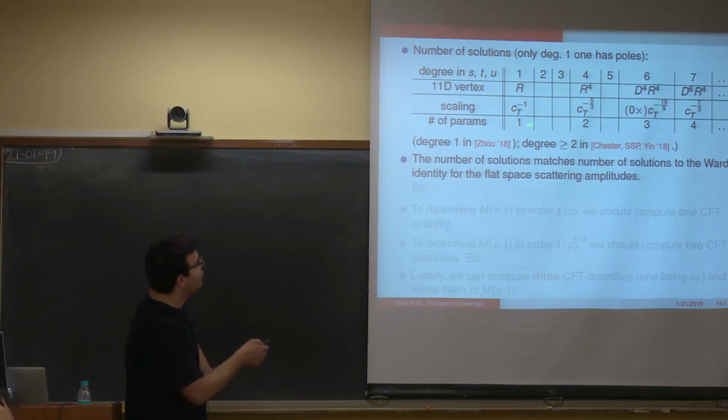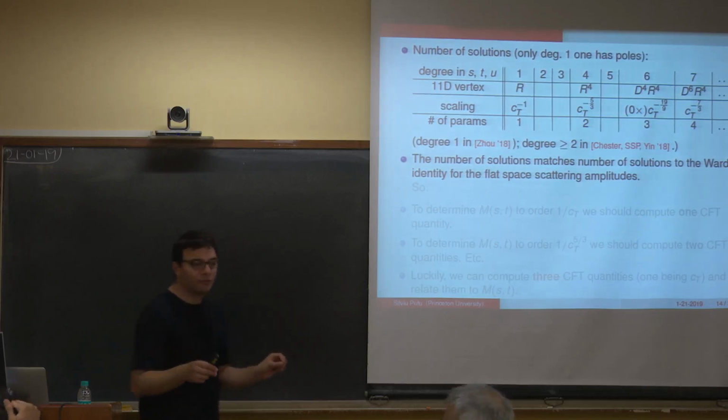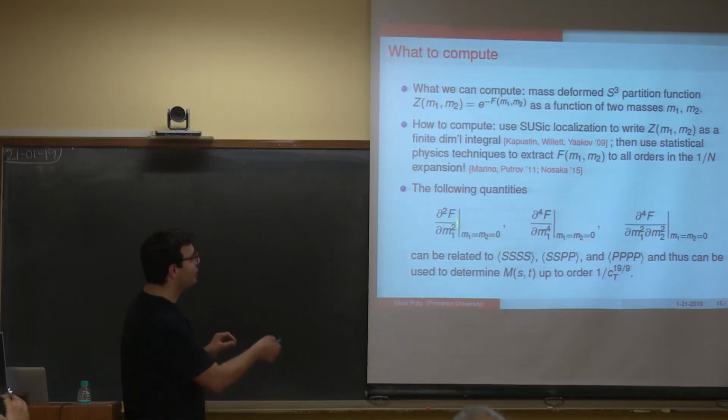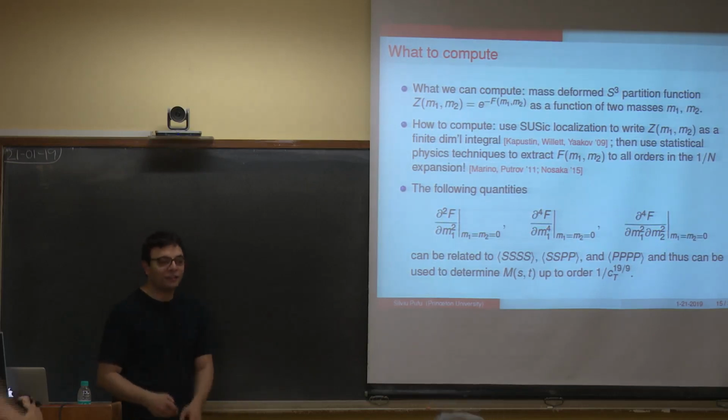So when I say you have some number of solutions, we know what those solutions are as a function of the x's, and there are just some numbers that need to be determined. Yes, that's right. And the numbers will be related to these derivatives of the S3 free energy with respect to the masses. That was our idea.